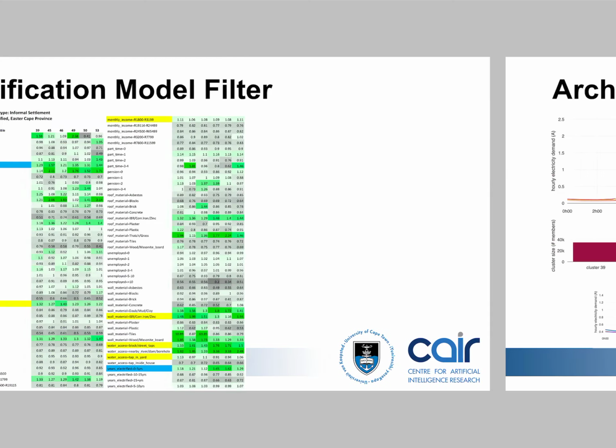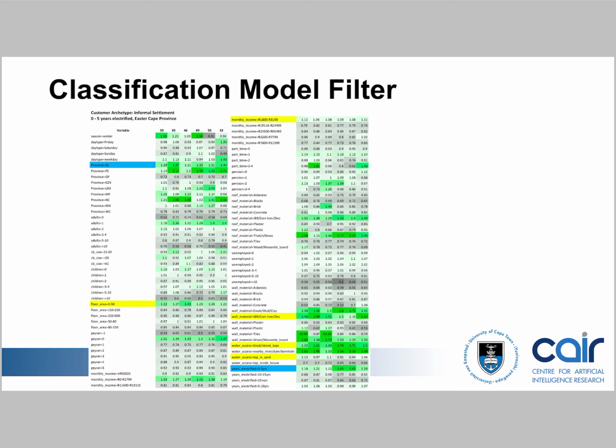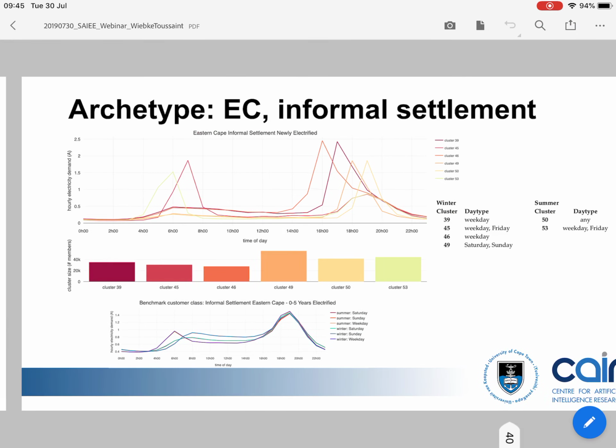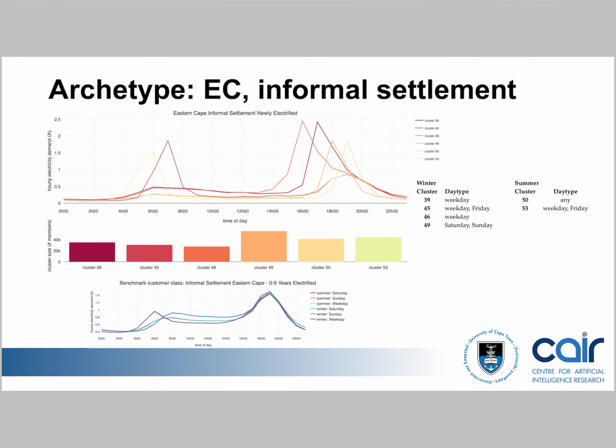Here, for example, we've got the archetypes for the consumer that we highlighted here. You'll see the 39, 45, 46, 49, 50, 53. Those are the profiles that we've got drawn out here. So this is a collection of representative daily load profiles for this consumer.